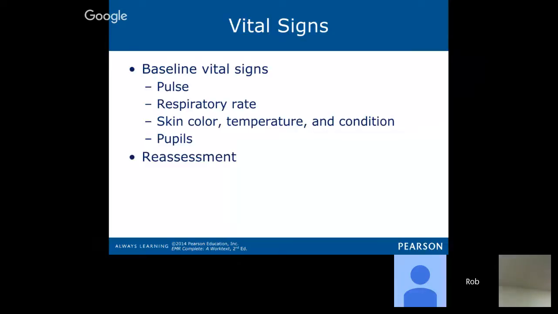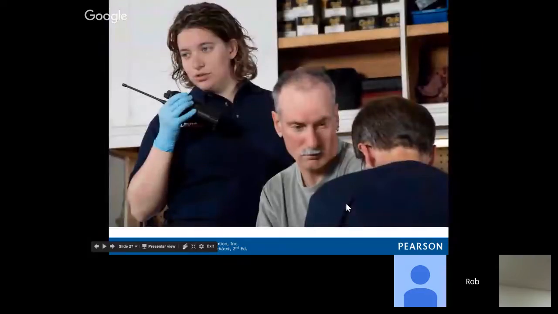I'm going to be honest with you here just for a minute. If I'm checking my baseline set of vitals every 5 minutes, I'm not doing anything else but checking vitals. So, yes, you need to check them, reassess them, and reassess them often. And remember that 5 minute thing, but in reality, 5 minutes is a little too close together.